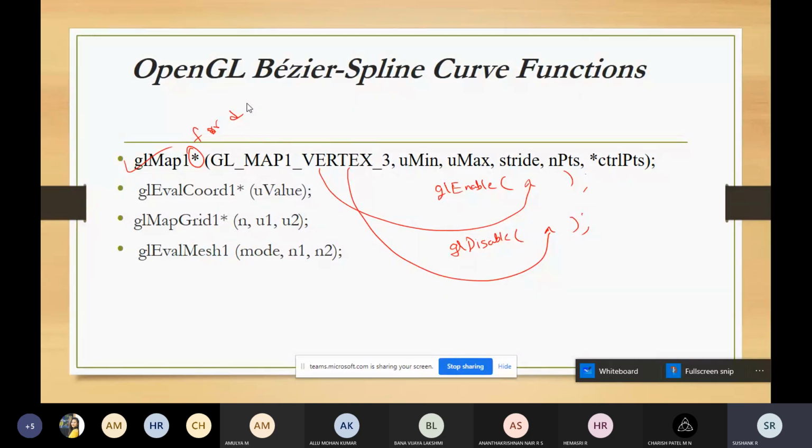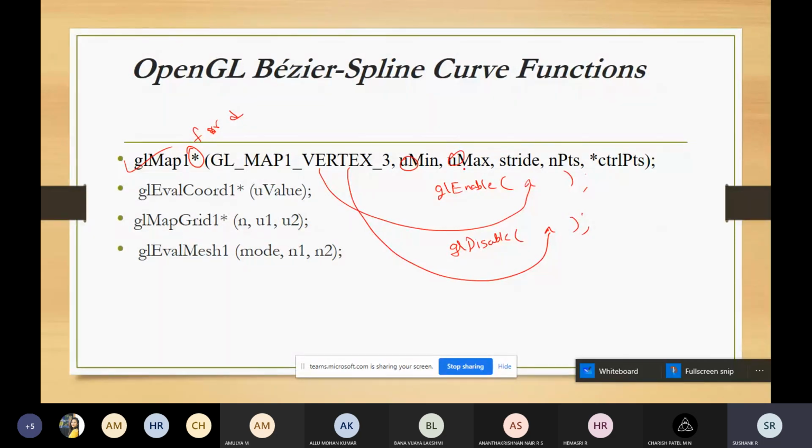And we have umin and umax, which are used for specifying the minimum value and the maximum value for the curve parameter. Usually the range of this will be from 0 to 1.0.